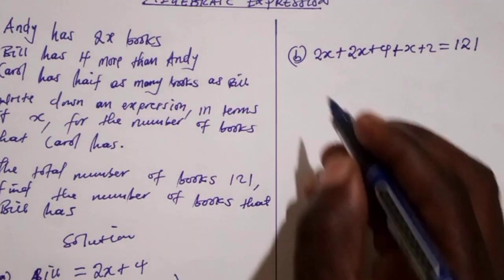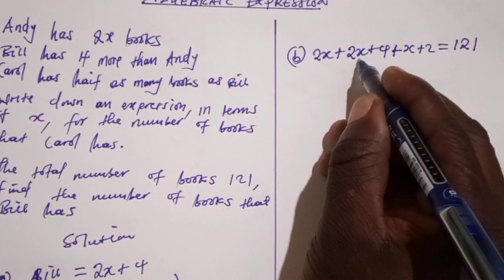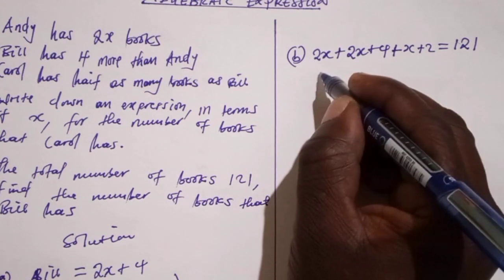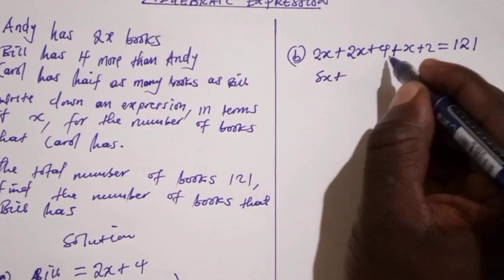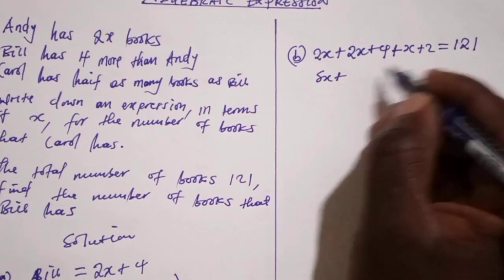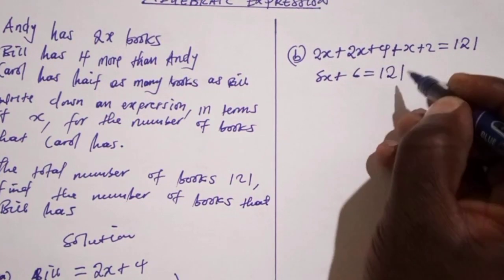121. In which 2x plus 2x is 4x, plus x is 5x, plus 4 plus 2, which is 6, equals 121.